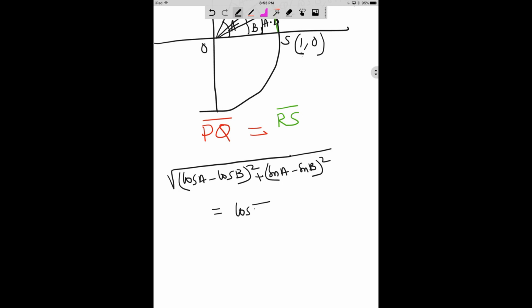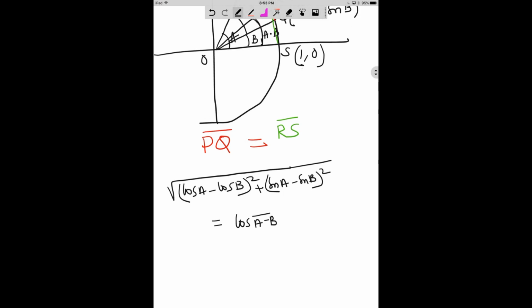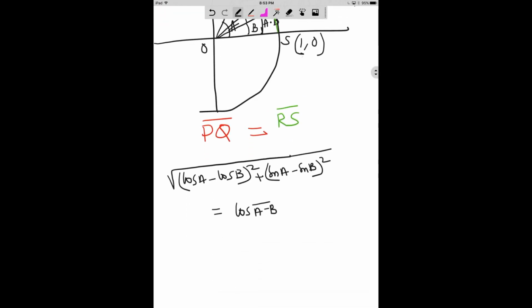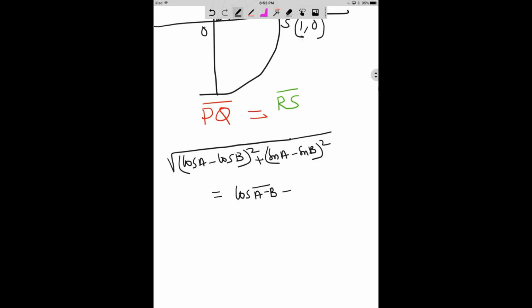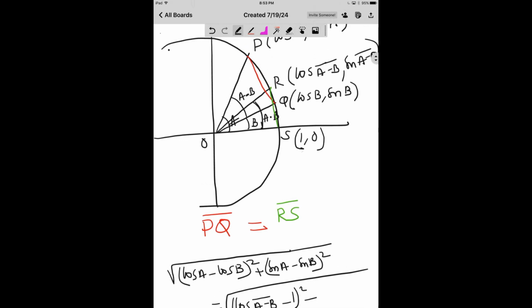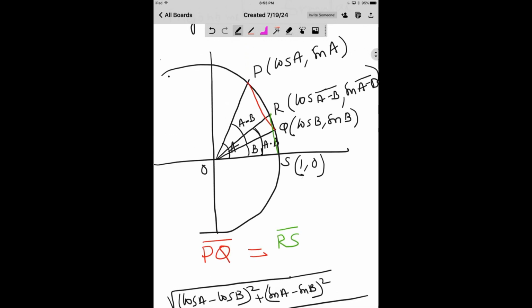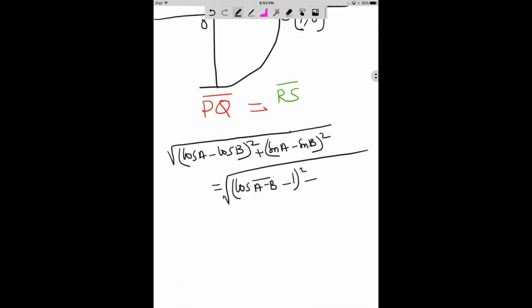That is square root of (cos(A minus B) minus 1) the whole square plus (sin(A minus B) minus 0) the whole square. 1 minus 0 or 0 minus 1, both are the same because there is a square.